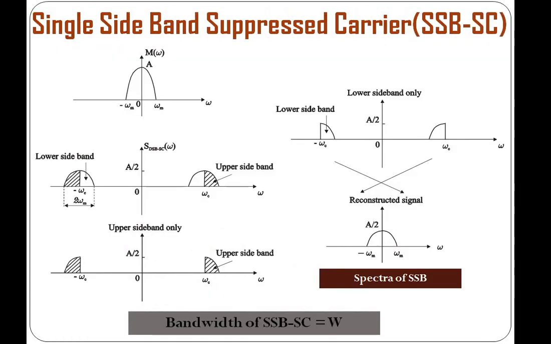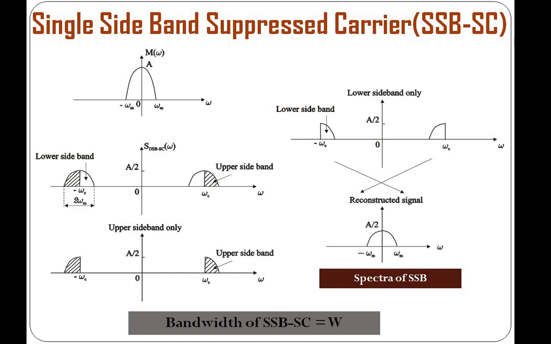Okay, next we will see the spectrum of this one. What is actually the spectrum you are having? This is your message signal, the complete frequency spectrum of your SSB signal. As we said, in DSBSC as well as in your amplitude modulated wave, the bandwidth is twice that of your message signal.